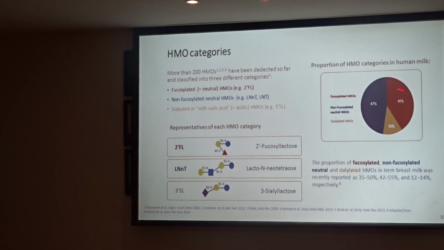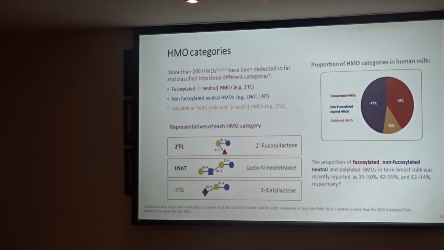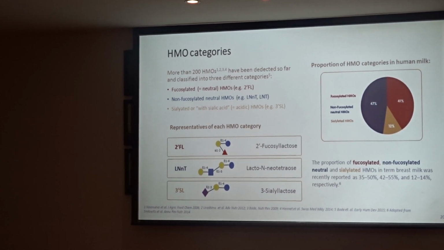Both of these we call neutral human milk oligosaccharides. If the sialic acid is attached, which is only 12%, they call it sialylated oligosaccharide. This is lactose, glucose and galactose attached to sialic acid. They call it sialyllactose. Okay.